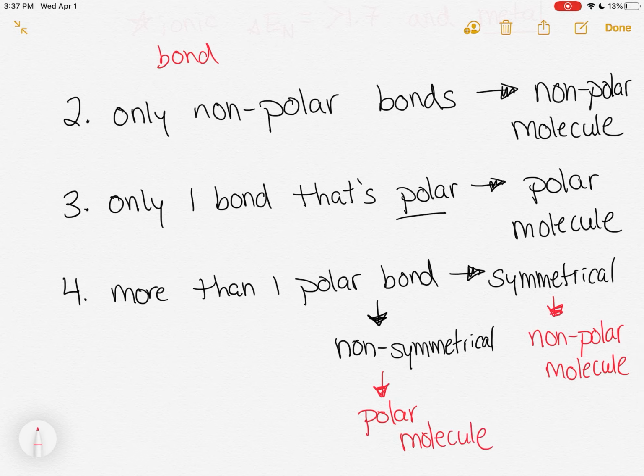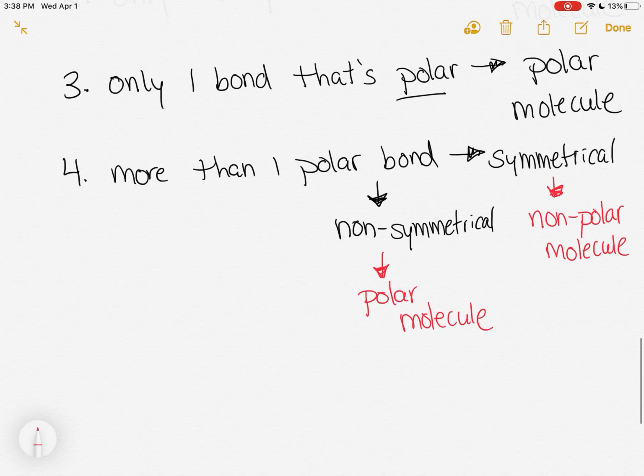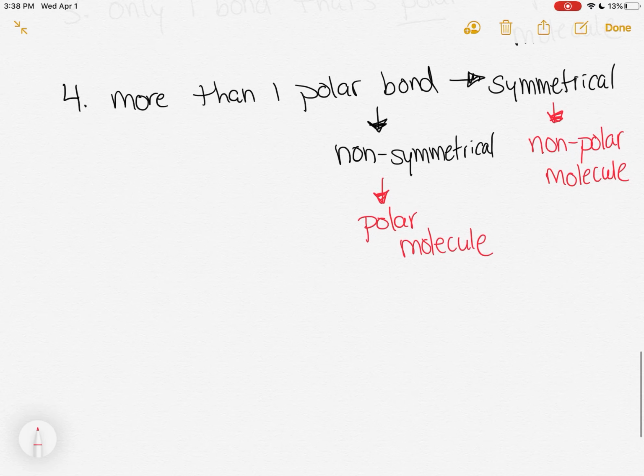And so this situation is the only time where the symmetry of the molecule makes a huge difference. Okay, so we're going to do a couple more examples just to have a look at these rules, and then there's going to be a little bit of practice for you to do as well.